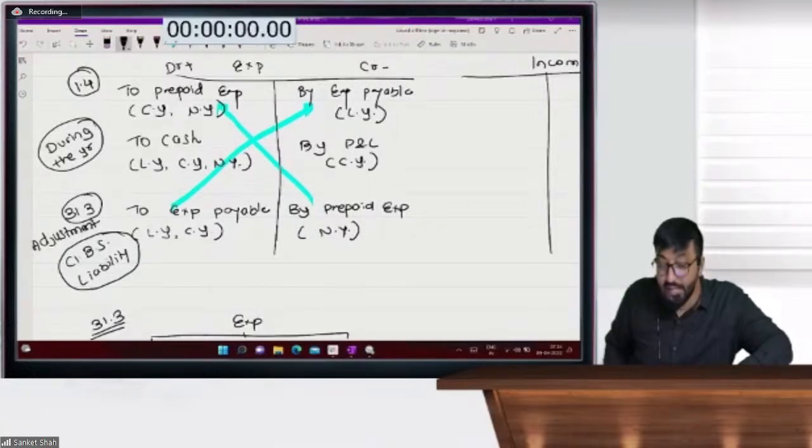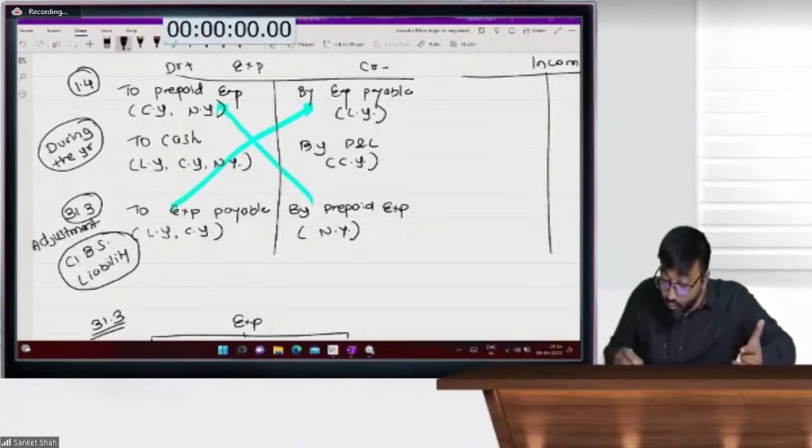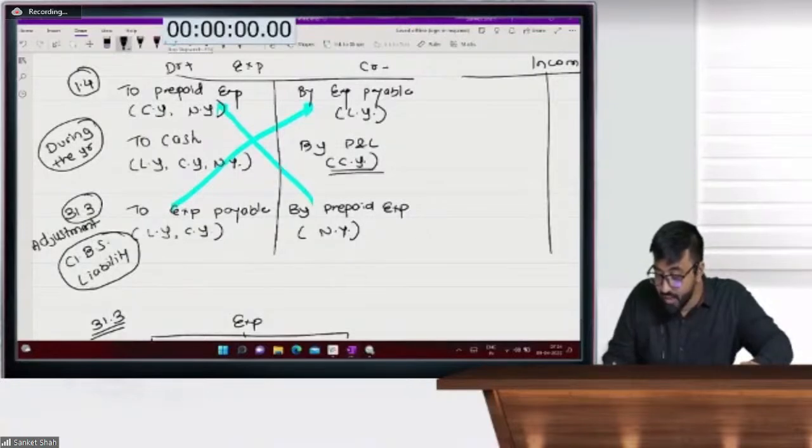Now income is exactly the mirror image of expenses, but don't refer to this pro forma of expense, and please tell me for income, related to which year. Now you see this credit side, P&L is always for current year, but cash is for any year.